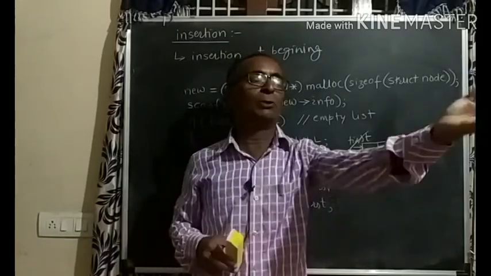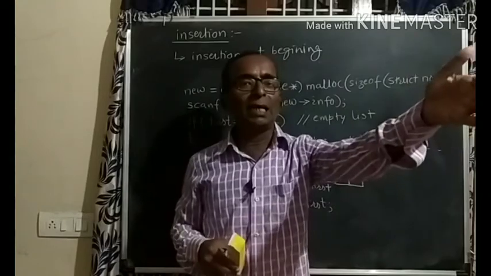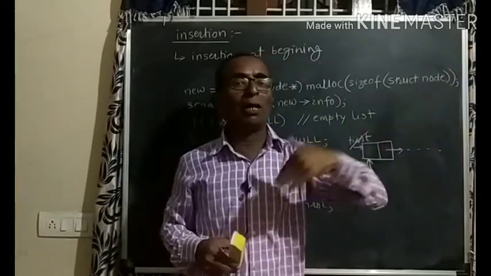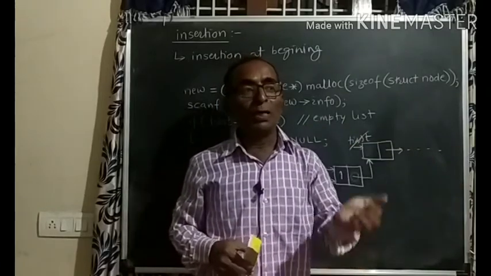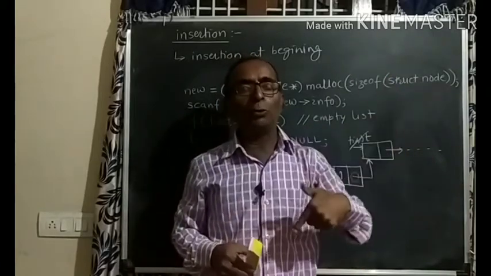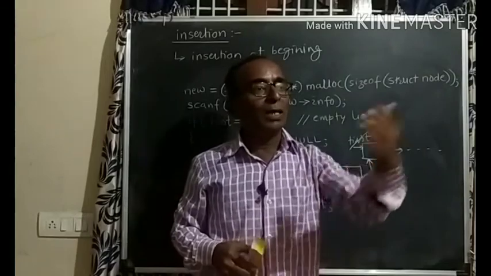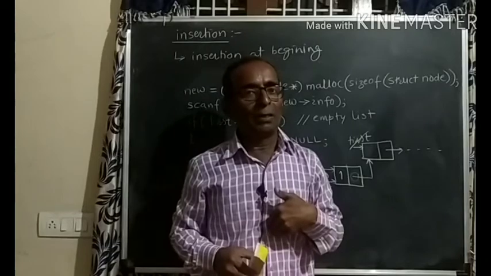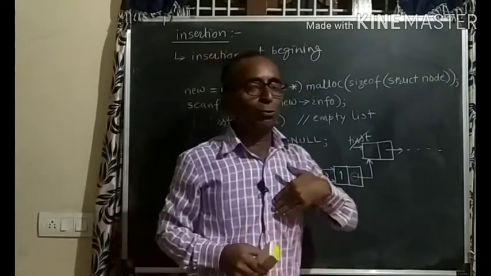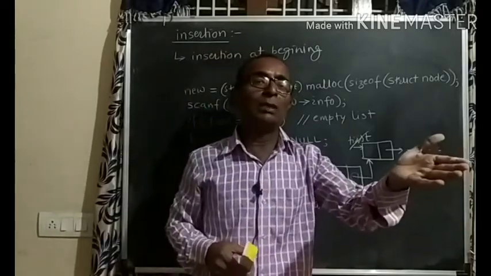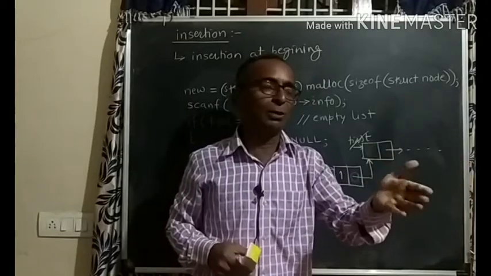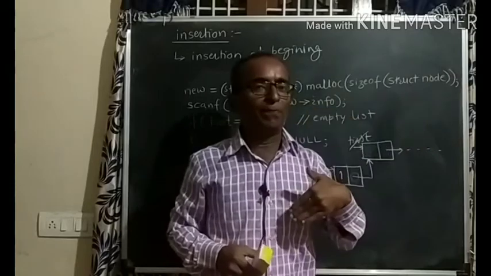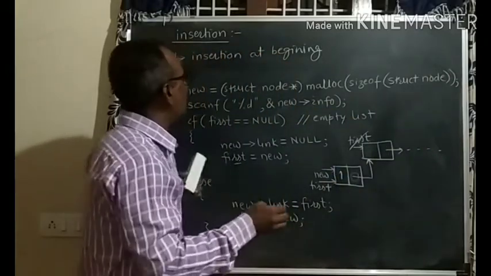Means I am sending the first node's address. He changes that, but it is not visible to me because this is the call by value concept. So if I want the changed thing to be reflected to me also, he has to return me the first node's address. So either I have to send the first node by reference, or he should return it to me.